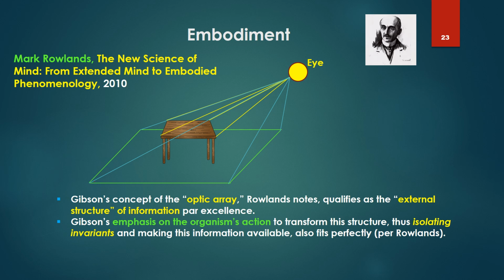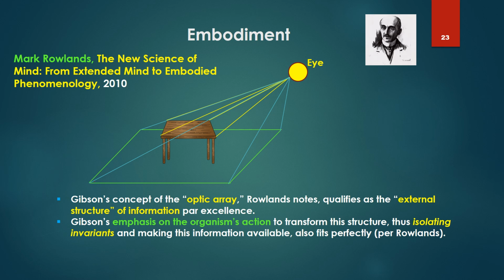For example, if you take the table and the four yellow rays coming from each corner of the table, they make a pyramid that ends right at the eye. The four corners of the floor that the table sits on make a pyramid, the little blue lines.